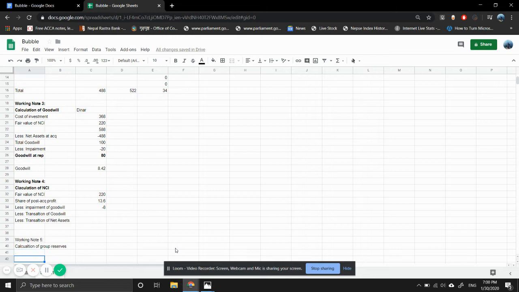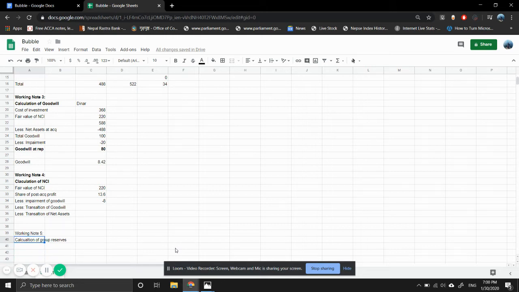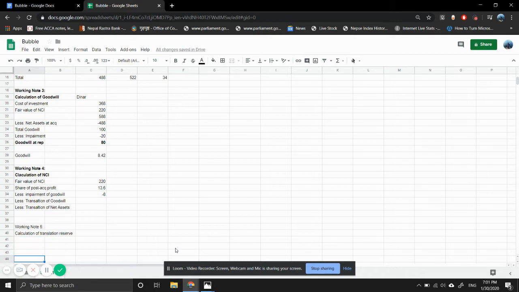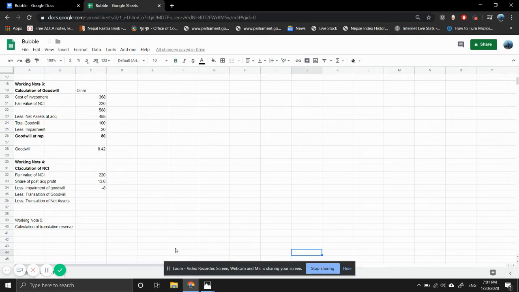So we could do that as well, or we could just directly do the calculation of translation reserve. So in order to do this, we need to do another working again.